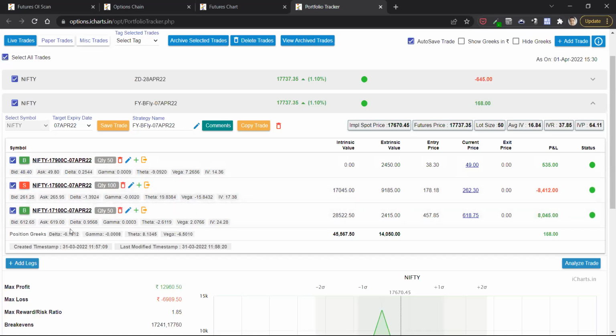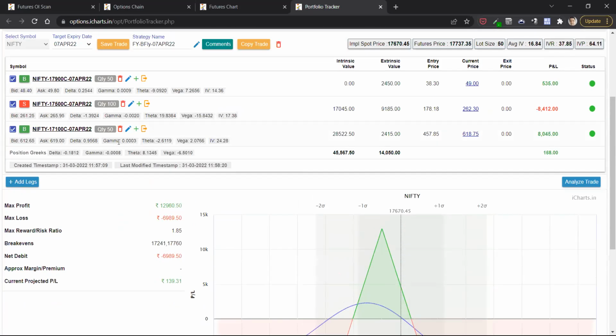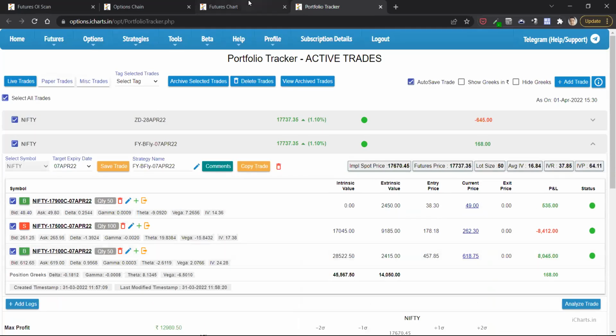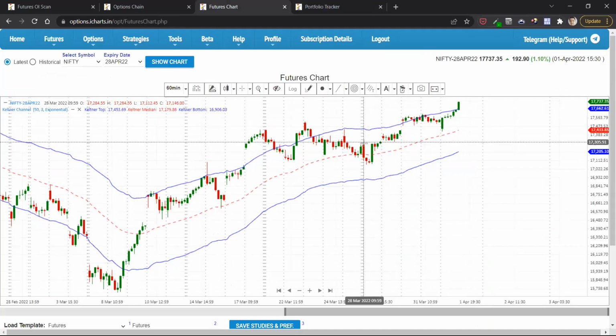At the moment, delta is negative as the price goes above the break even. Once I add this debit spread, it tilts the delta slightly bullish, so it becomes a slightly bullish trade. I just tilt myself into a bullish trade and continue from there.